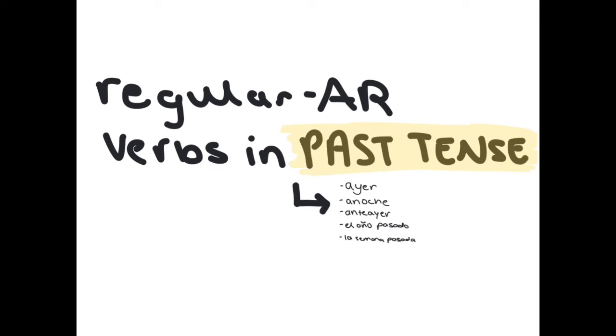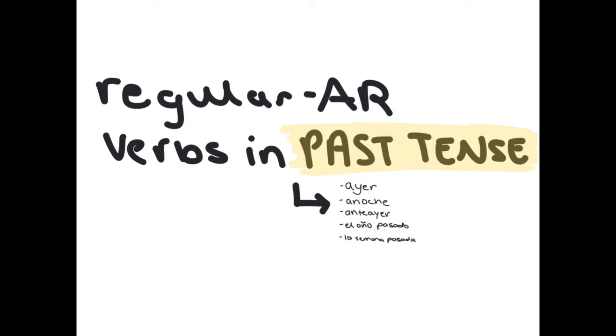You use the past tense when you're talking about something that has already happened, something that has already occurred. So, generally in English, when you think of the past tense, you think about yesterday, the day before yesterday, last year. So, underneath the past tense, I put some Spanish keywords for when you know you're in the past tense.